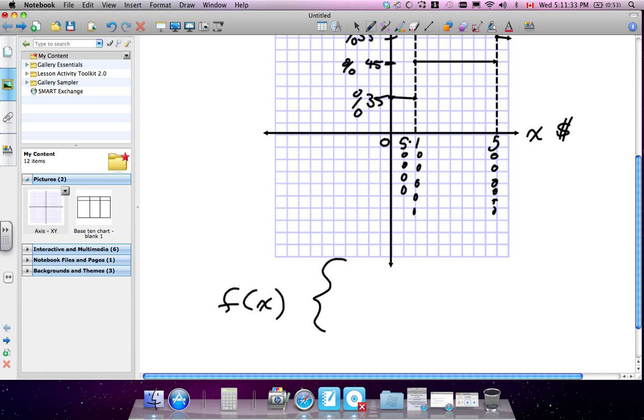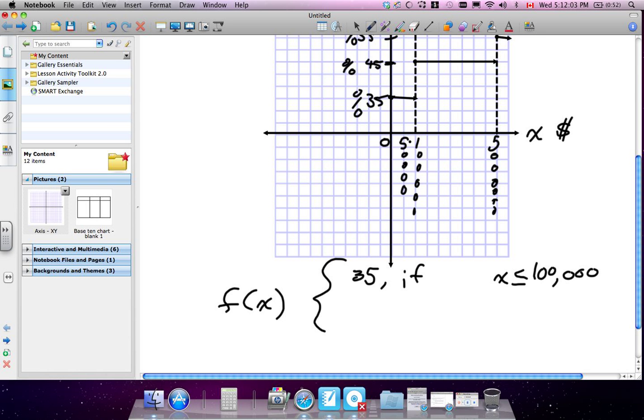And that's if x is less than or equal to $100,000? Yeah. Okay. So does that mean if it's at negative 50,000, we still get taxed 35%?